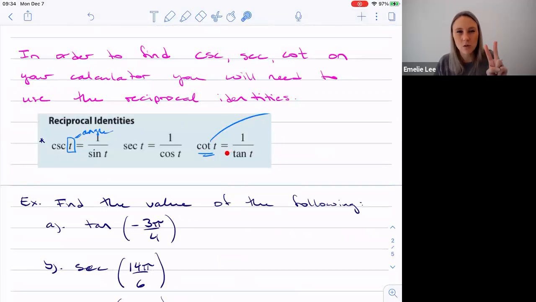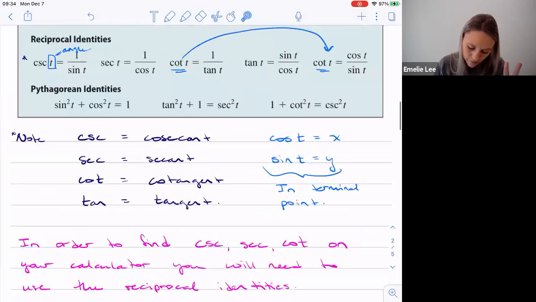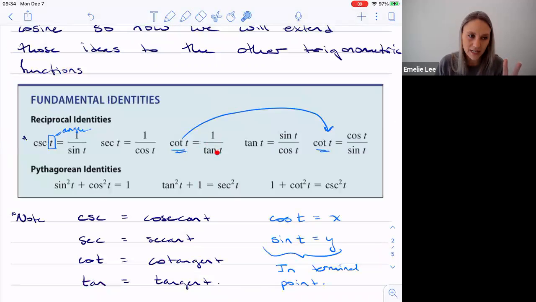But we actually have two options. We had the 1 over tan t, fine. Or if you prefer, you could go from here to here by replacing the tan t with sine t over cos t, and you would find that the cotangent of t is cos t over sine t. So we've got two options.